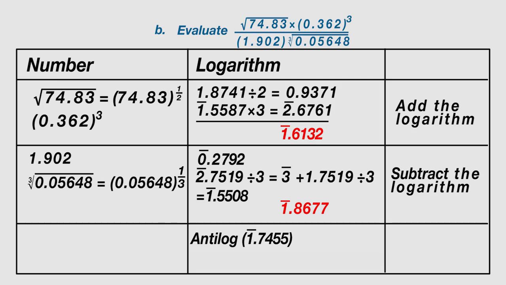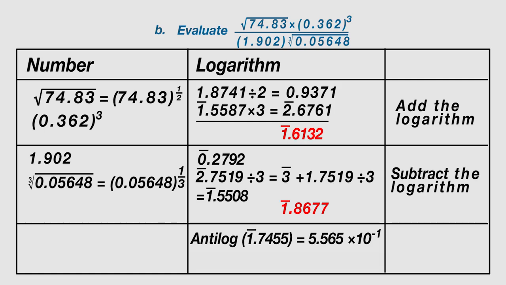Now, to get the real answer to our question, we have to take the antilog. So the antilog of 1.7455 will be equal to 5.565 times 10 raised to the power negative 1. Remember, the negative 1 there is from the characteristic of the number.